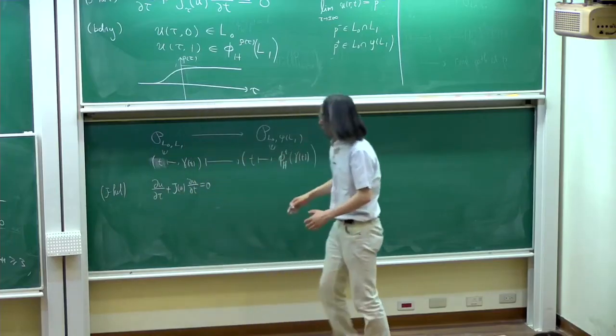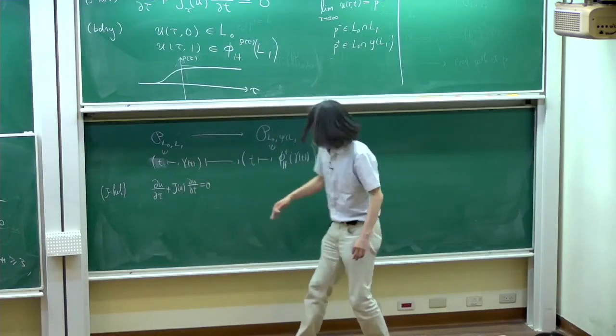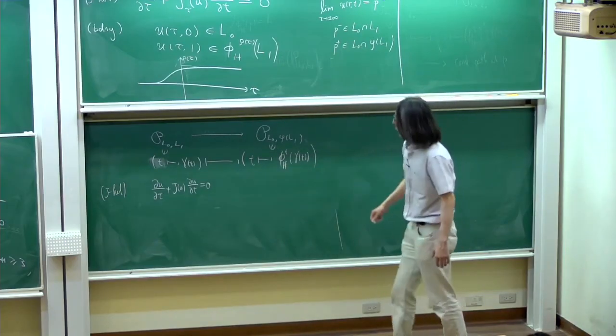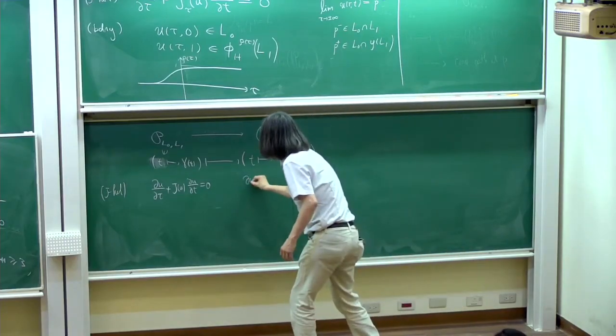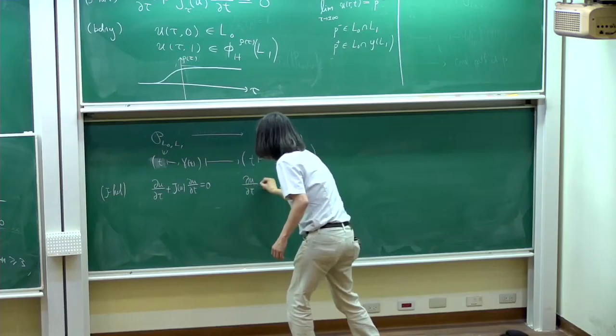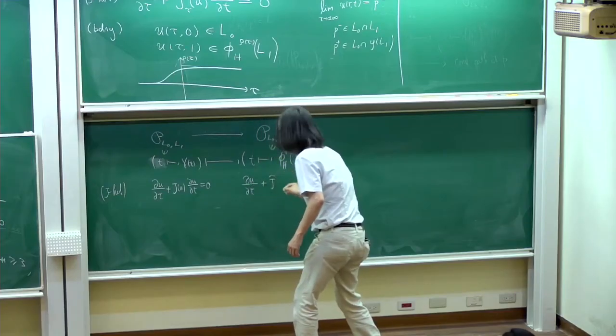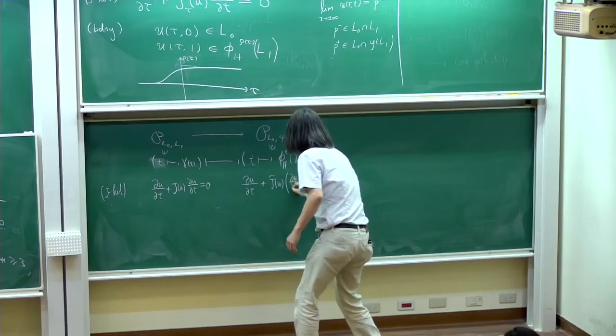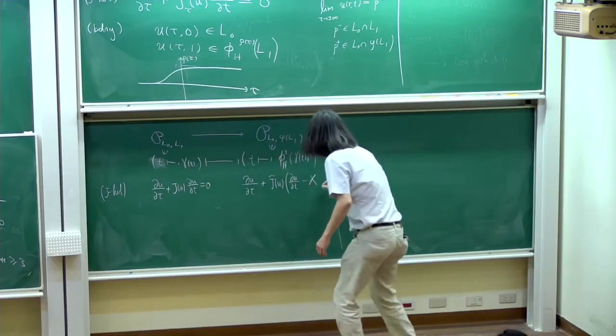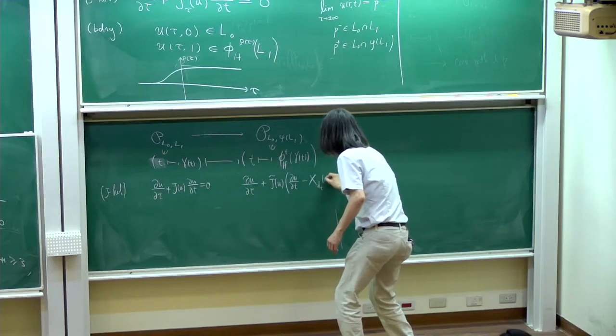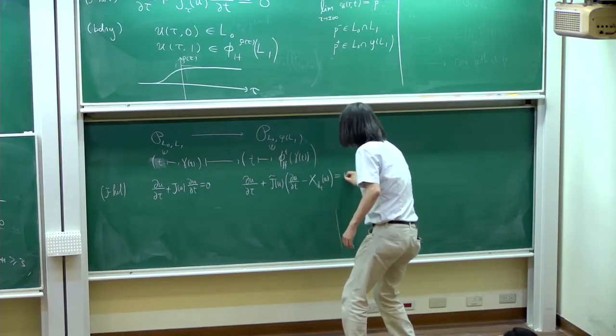So this is the J-holomorphic equation for gradient flow lines. And if you look at this part, then the equation looks like this: du/dτ plus J tilde of u, and here du/dt minus X of H_t of u is equal to 0.